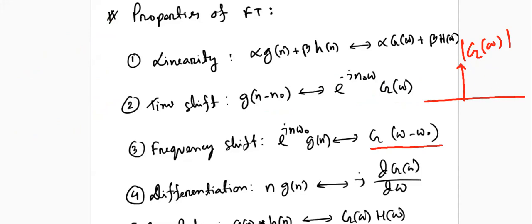We have the value at 0, let's say a DC value. If we shift it by omega 0, that means you are introducing some frequency component. So definitely, this is a frequency shifting.